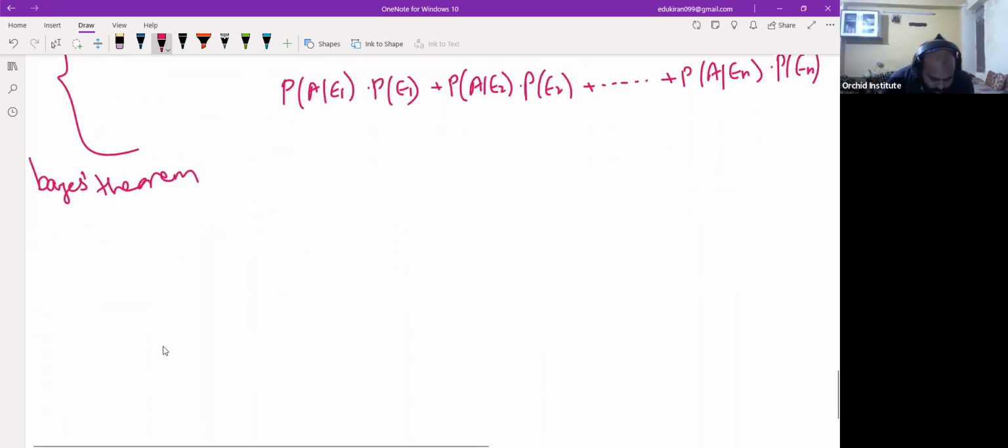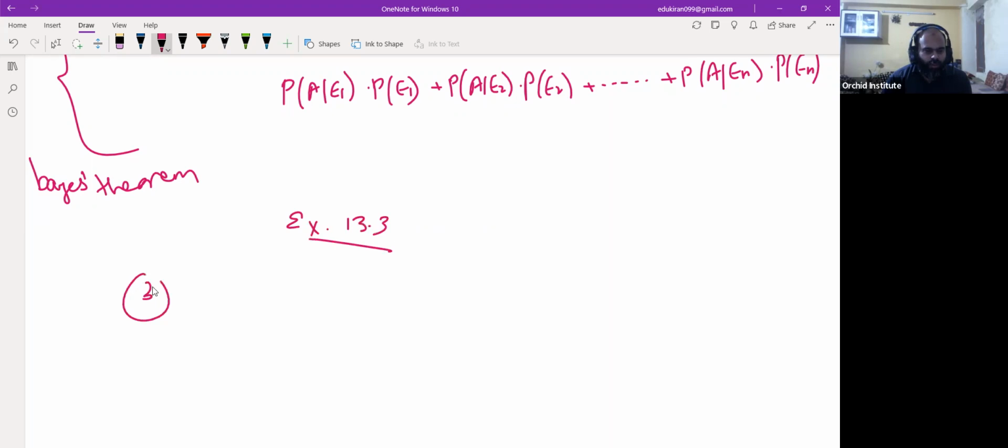So let us take question number 3 of this exercise 13.3. It says, of the students in a college, it is known that 60% reside in hostel.